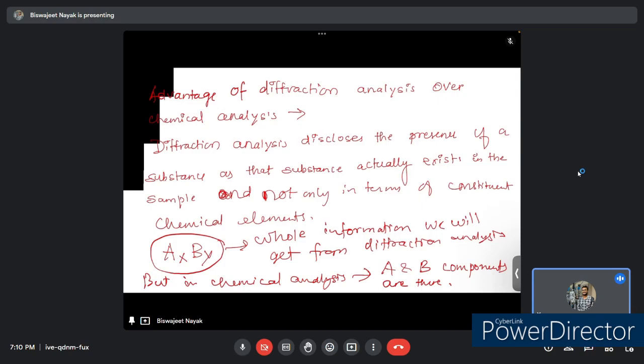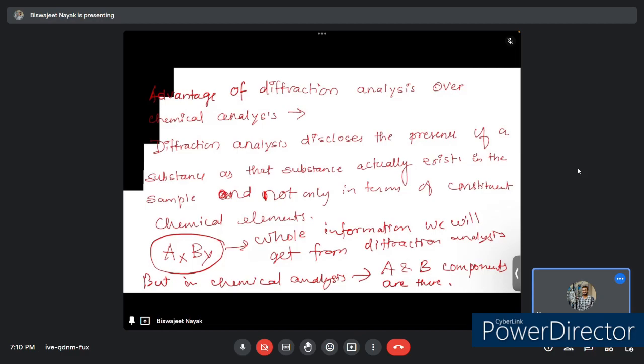Any one powder pattern is characterized by a set of line positions 2 theta and a set of relative intensities I by I1, scaled to the peak in the pattern with maximum intensity.